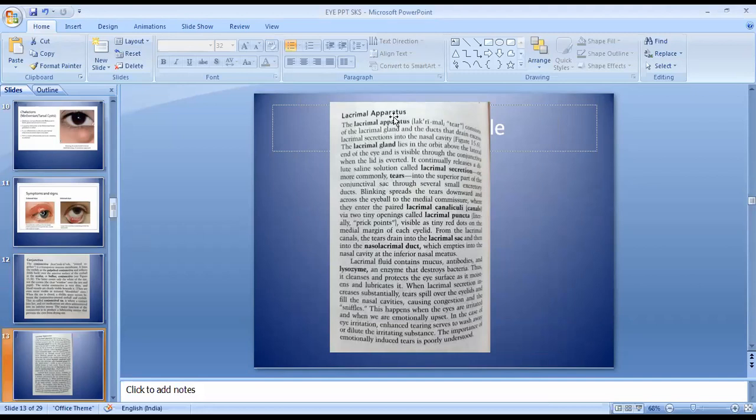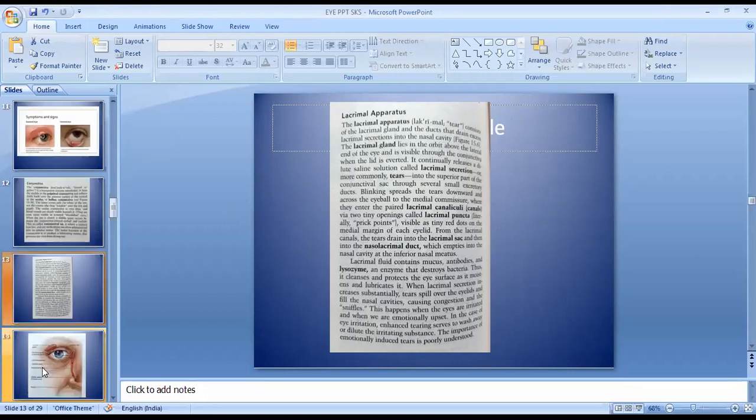This is the lacrimal gland. So the lacrimal apparatus contains the lacrimal gland as well as some other things. The lacrimal apparatus consists of the lacrimal gland and the ducts that drain excess lacrimal secretions into the nasal cavity.